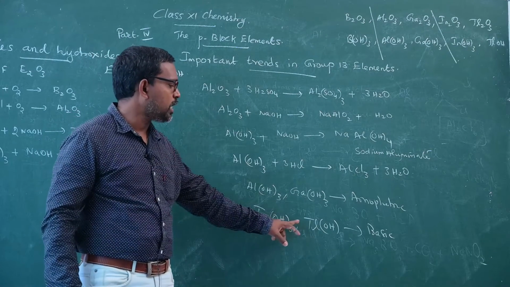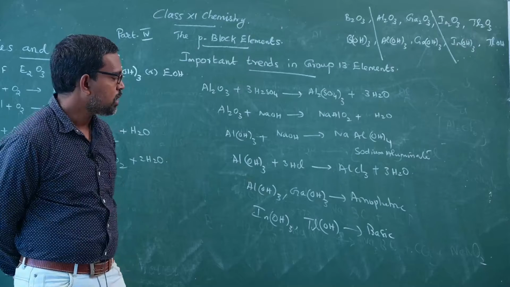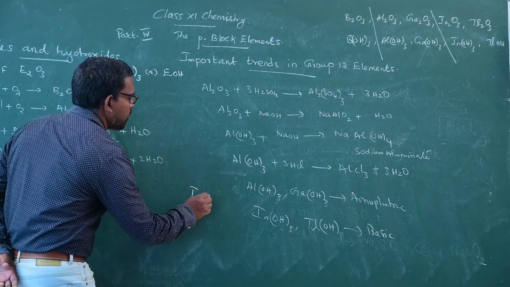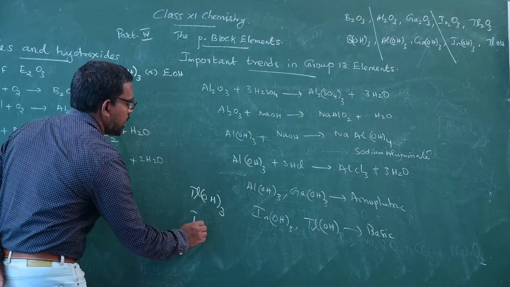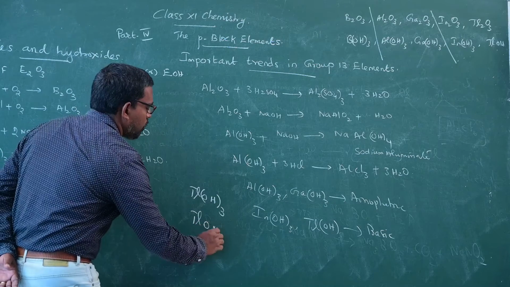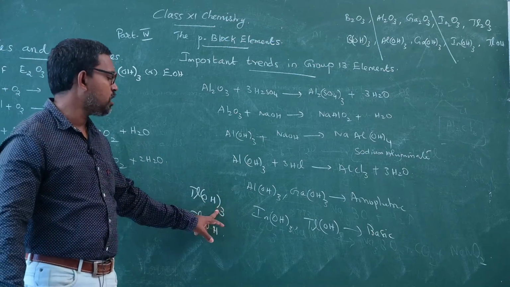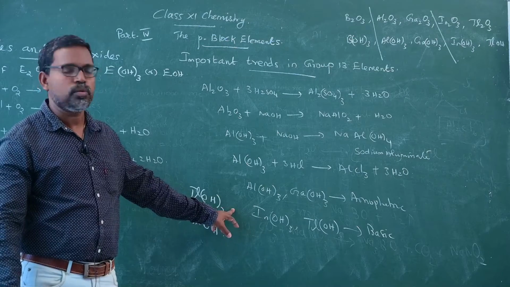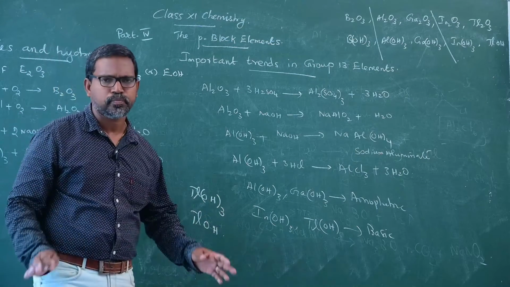Indium hydroxide and thallium hydroxide are basic in nature. Thallium exists in two forms of hydroxide, TlOH3 and TlOH. Thallium trihydroxide is insoluble in water, but TlOH is readily soluble in water.